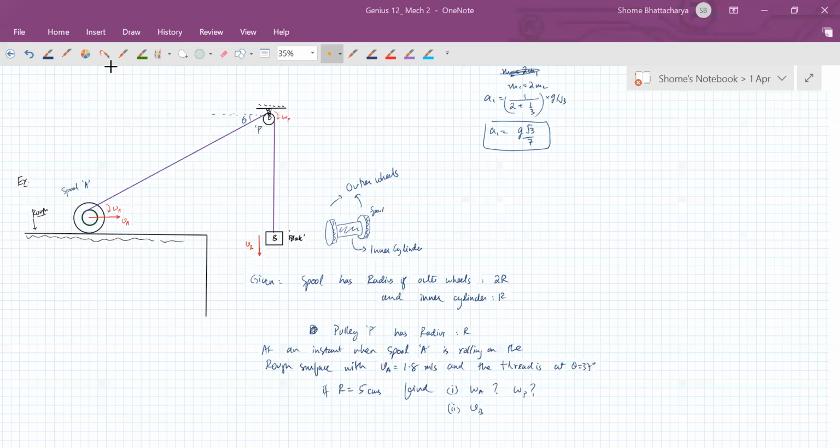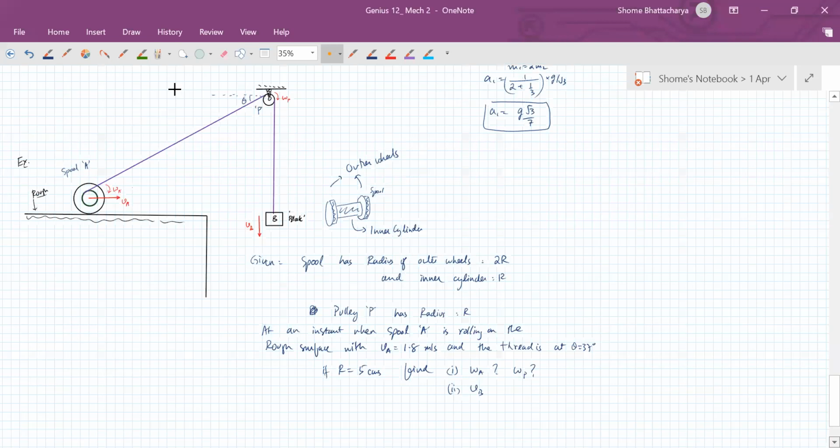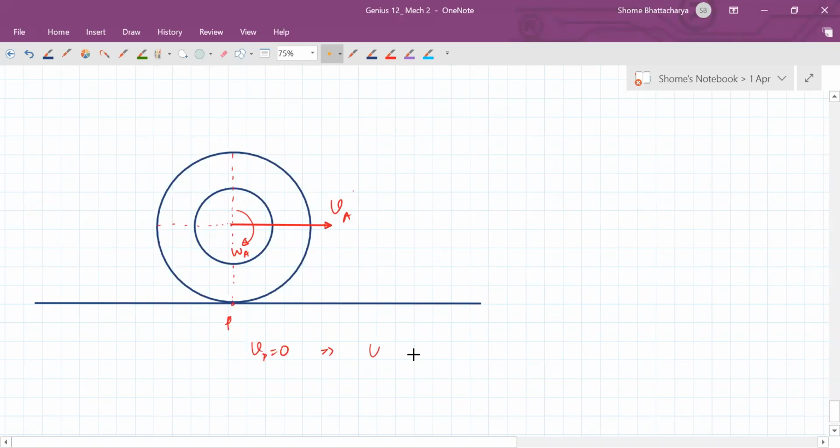If the center of mass of the spool has a speed VA, and about the center of mass there's an angular speed omega A, then because this point of contact has to be at rest, this has to be at 0. That means, now remember this radius is 2r. So VA is equal to 2 times r omega A. So that's the first thing.